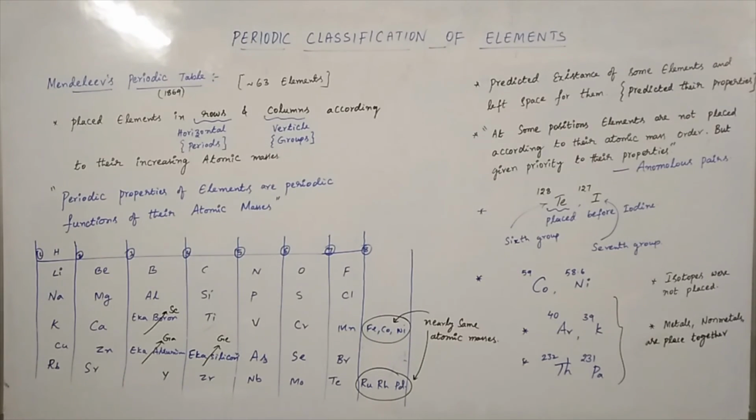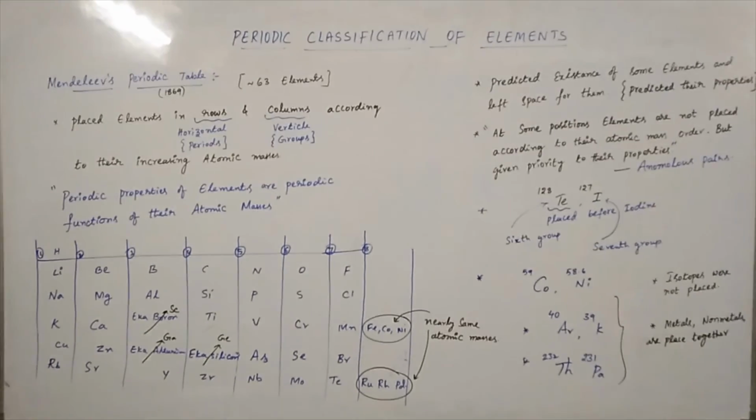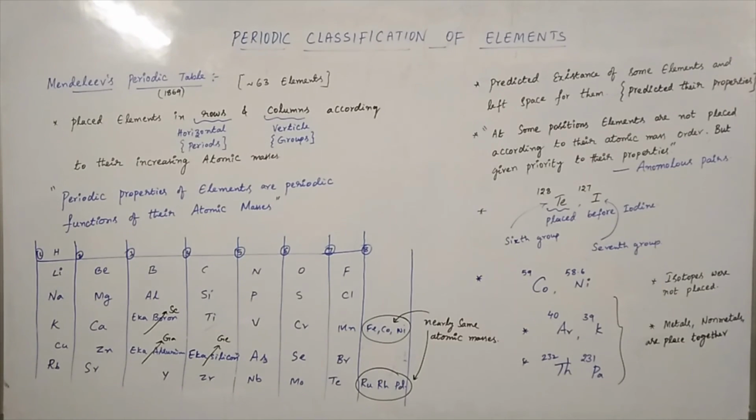Based upon that we have the equation root nu = a(z - b), where z is the atomic number. From there, it was proposed that properties of elements are periodic functions of atomic numbers. Till now, atomic masses were used, except by Lothar Meyer, who gave priority to physical properties, that is, atomic volumes.